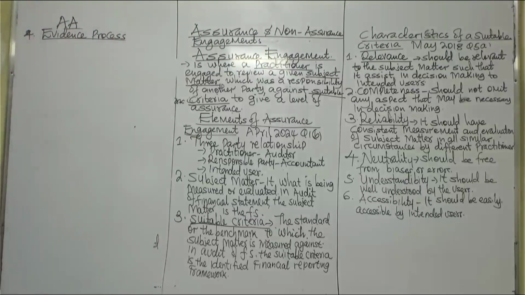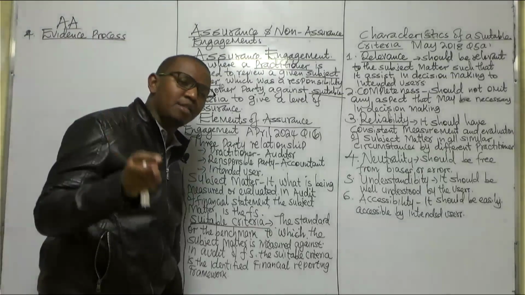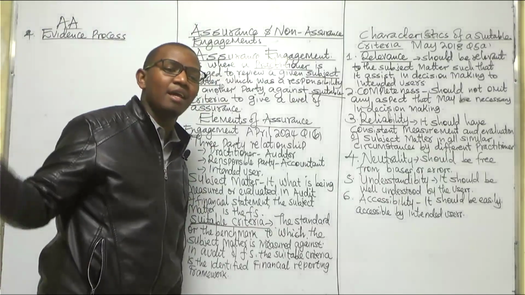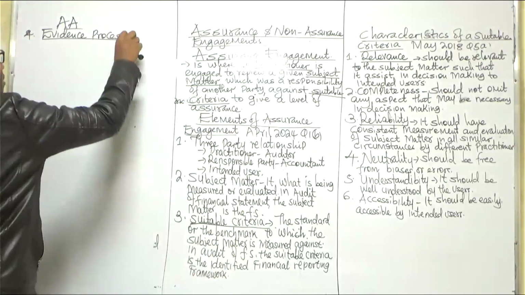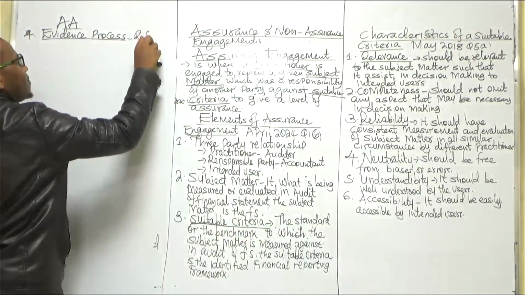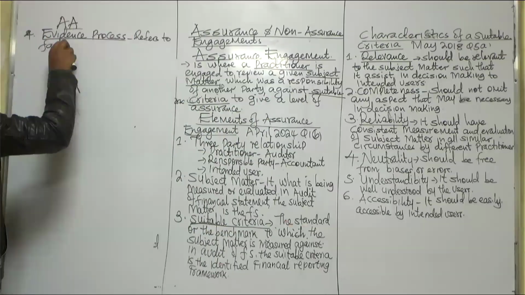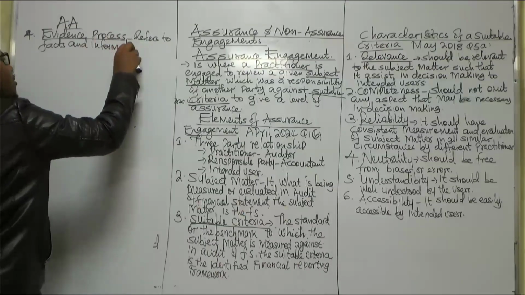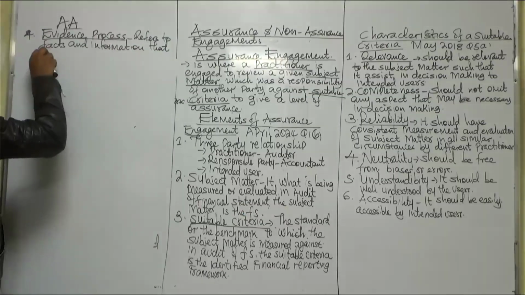Generally, we are talking about the facts and information that the practitioner gathers as a basis of forming his conclusion, or basically as a basis of forming his own level of assurance.